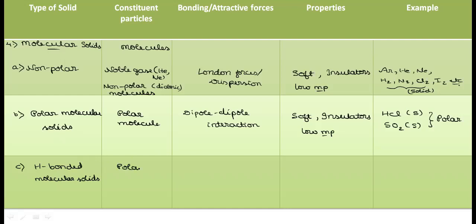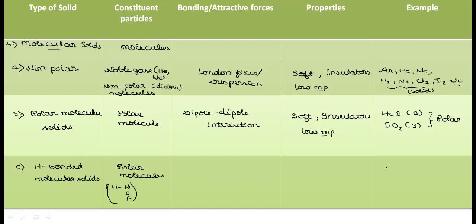Again, the constituent particles will be polar molecules in which hydrogen is bonded to any of the three highest electronegative elements, N, O, or F.